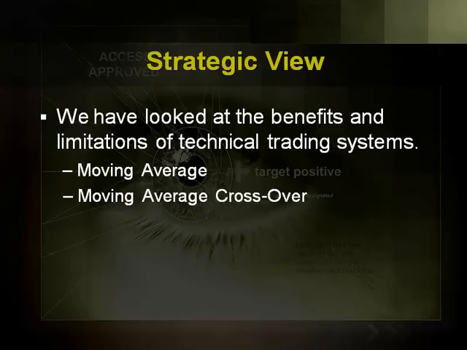If you want fewer whipsaws, maybe you lengthen the length of your moving averages. So instead of using a 20 and 50 day moving average crossover, maybe use a 50 and 200 day moving average crossover, or maybe use 50 and 100. Which one do you want to use? Well, you're going to have to spend some time back testing it.